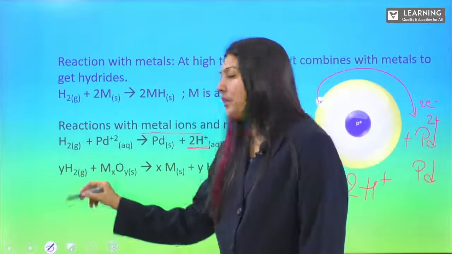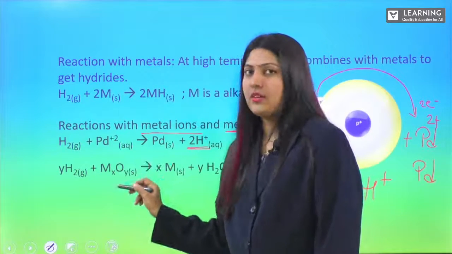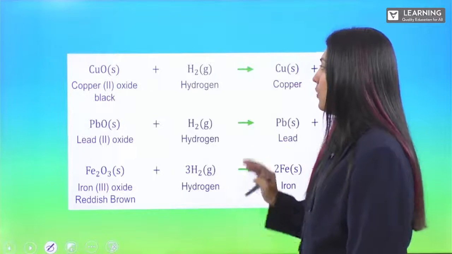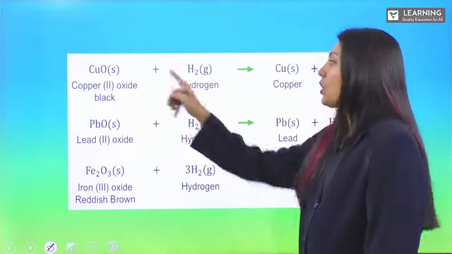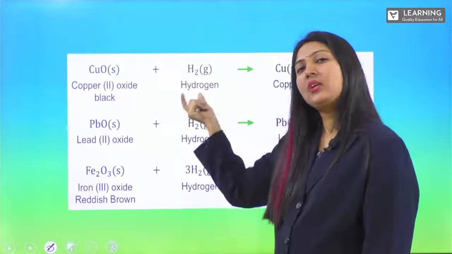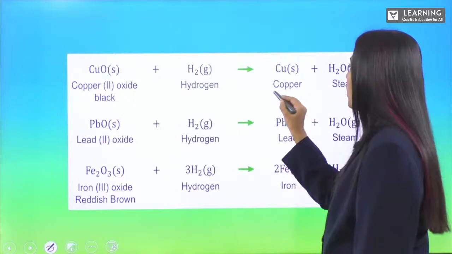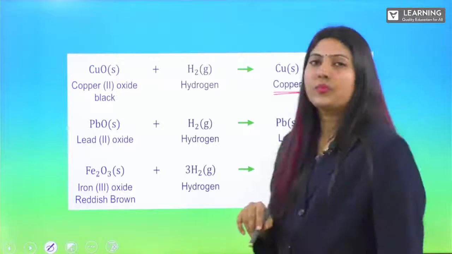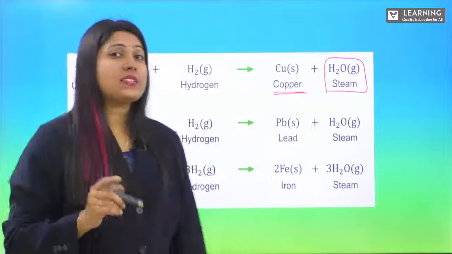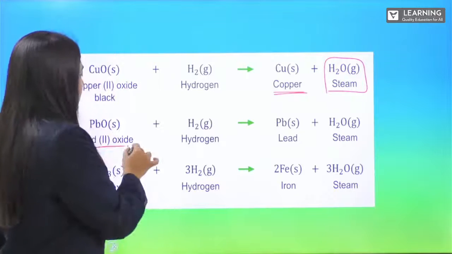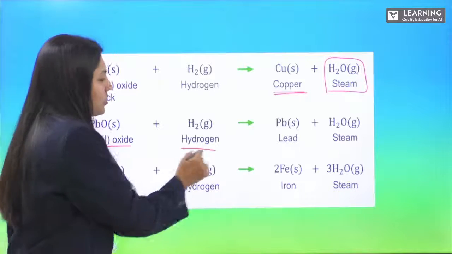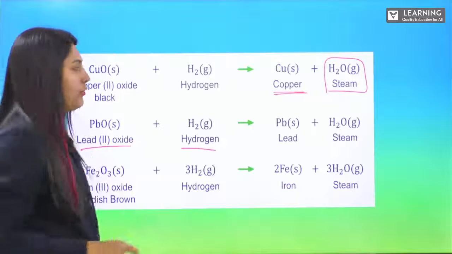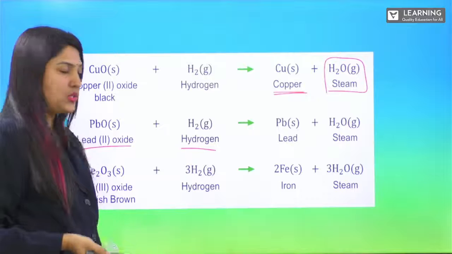The general equation for metal oxides and hydrogen: when hydrogen reacts with a metallic oxide, we get water plus that metal. We can see the example here. Copper oxide, when reacting with hydrogen, gives copper, removed along with the water molecule. Likewise lead oxide reacted with hydrogen gas. All these oxides are in solid form, hydrogen is in gaseous form.